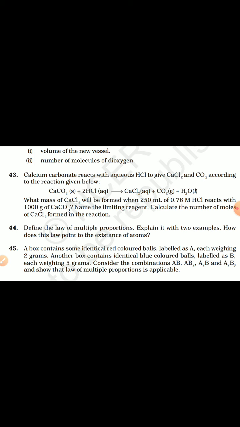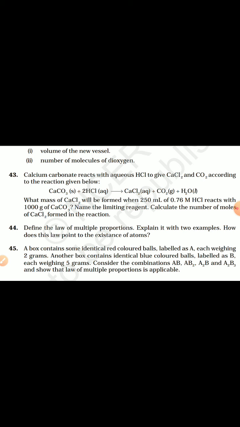According to the chemical equation given in this numerical, 1 mole of calcium carbonate requires 2 moles of hydrochloric acid.